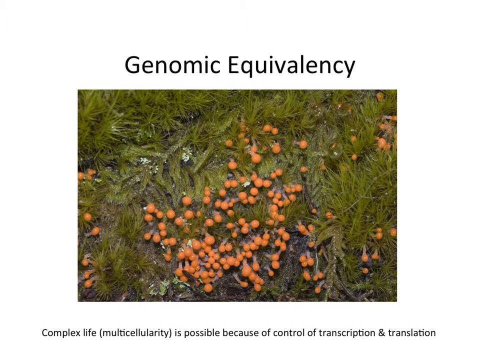Obviously, my toe doesn't need to be able to detect red light anyway, but that's the point of transcription, that every cell in our body turns on specific sets of genes out of the 30,000 or so genes that we have in all of our chromosomes. So the study of transcription is really trying to figure out how does a cell know and how does it control which of its genes get transcribed. Because I guarantee you there is no cell in the body where all 30,000 of our genes are all being transcribed. Different cell types turn on different suites of genes.